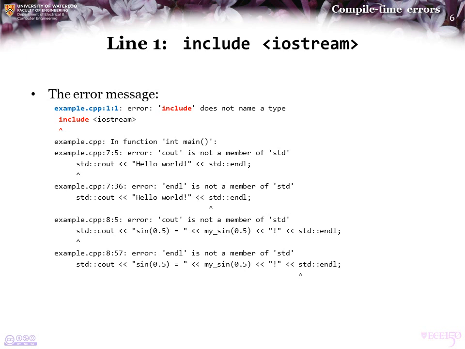Now, when there is an error in your code, a lot of information is actually provided by the compiler. Let's take a look at that first warning or error message. It tells you which file the error is in, or where it believes the error is in.